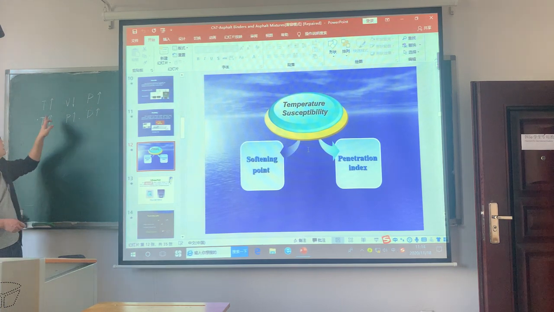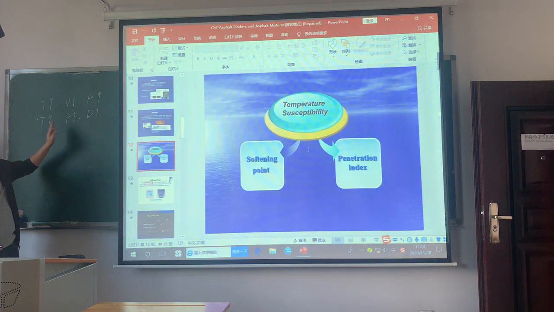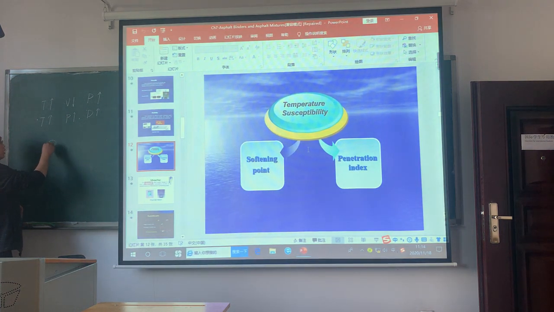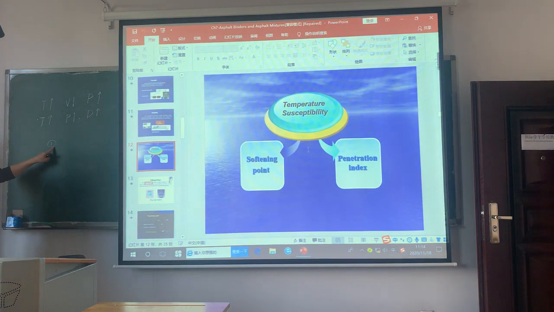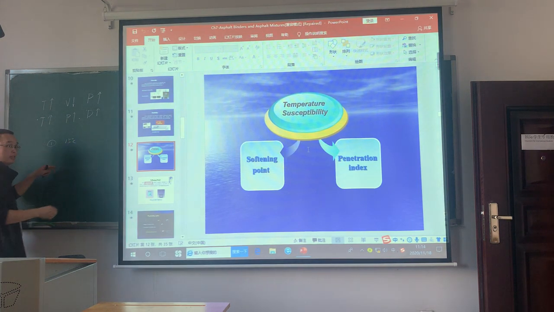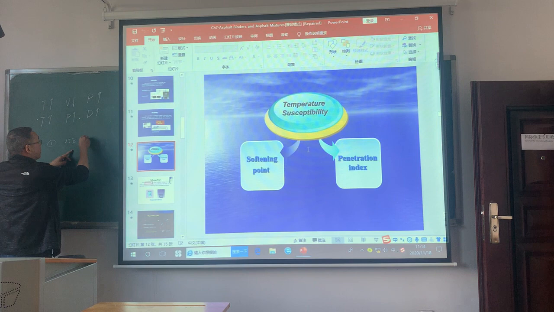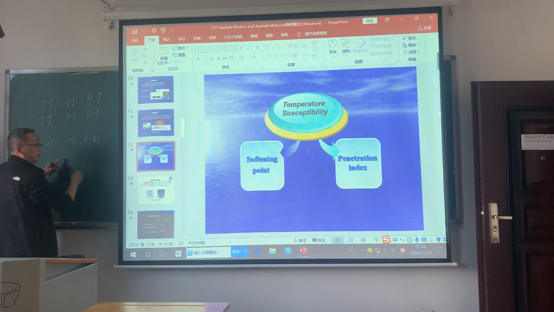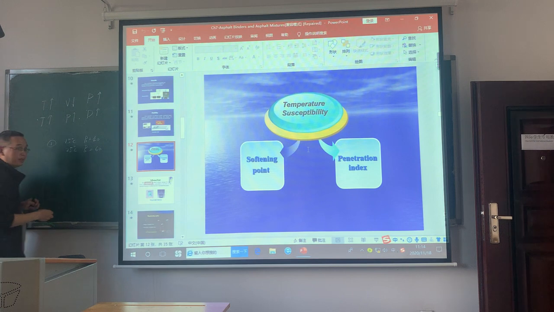So what is the temperature susceptibility? For this kind of asphalt, maybe at 15 centigrade the penetration is about 40, but at 25 it will be 60.